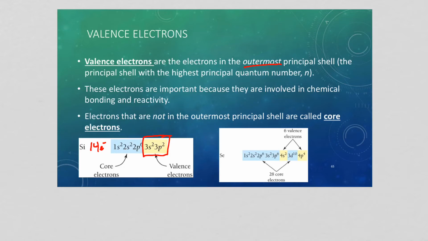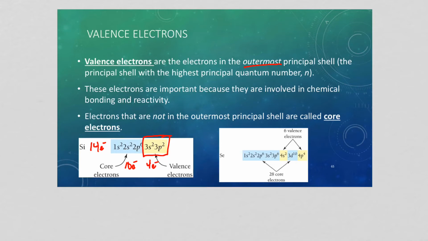So looking at silicon, the electrons in orbitals in the 3rd level are what we call the valence level, because those are the electrons that are the farthest away from the nucleus. All the electrons in lower energy orbitals are what we call core electrons. So silicon has 10 core electrons and 4 valence electrons, making up its 14 electrons.